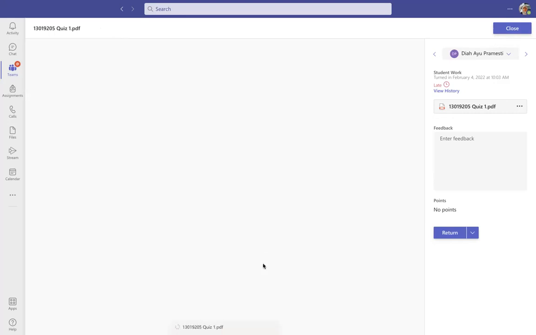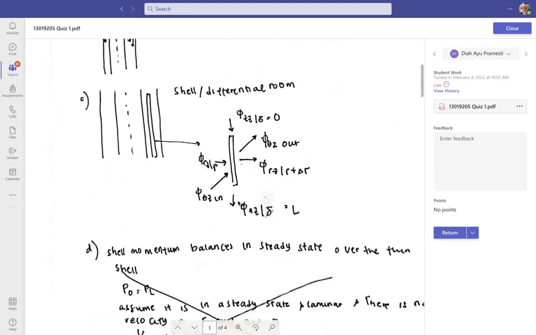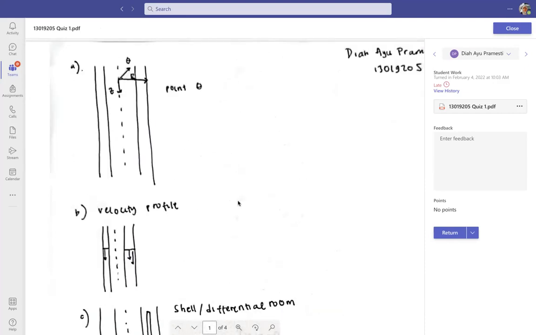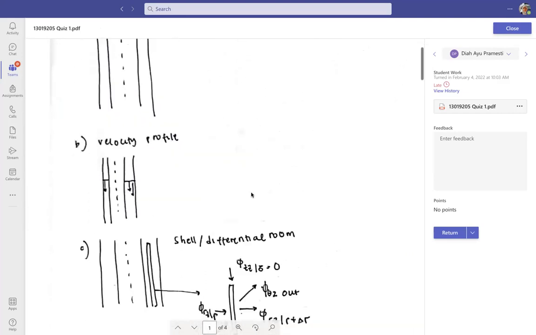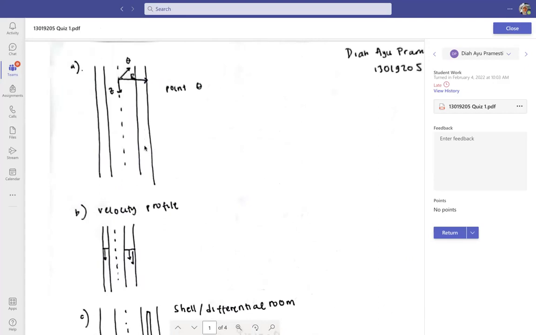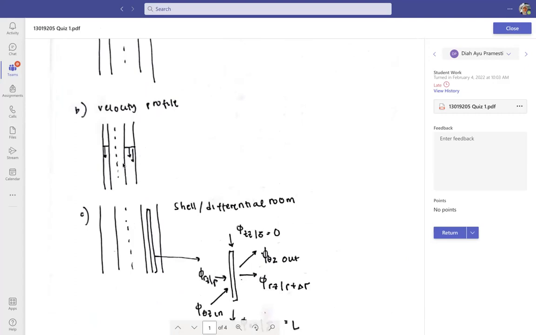And then Ayu. Okay, so this one, the velocity profile. Ayu, you need to also draw the graph for the parabolic one.